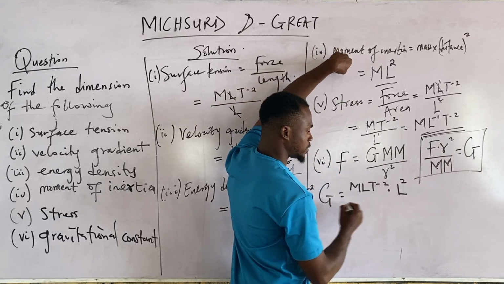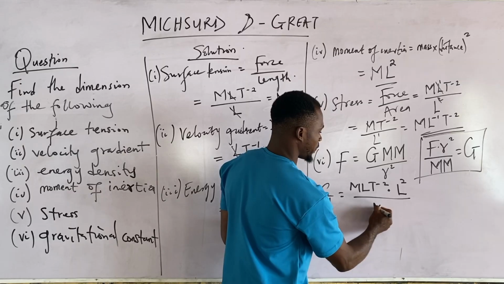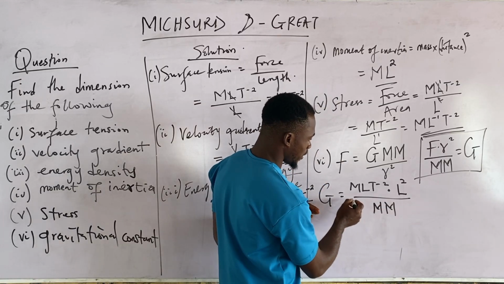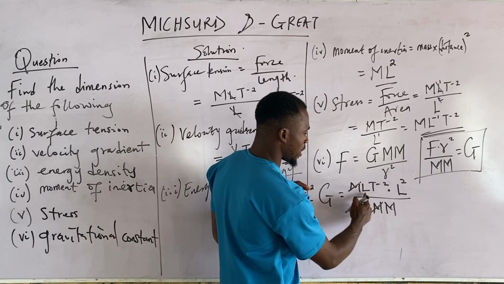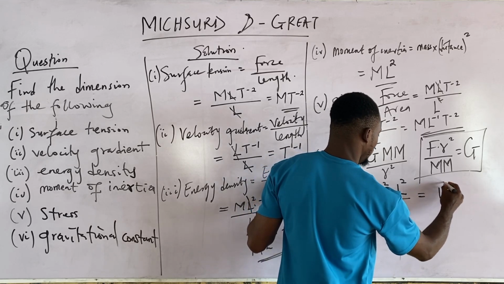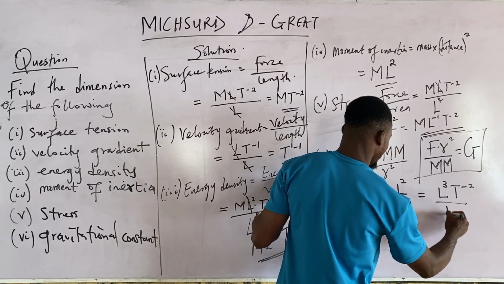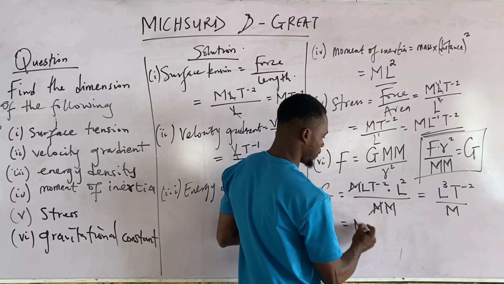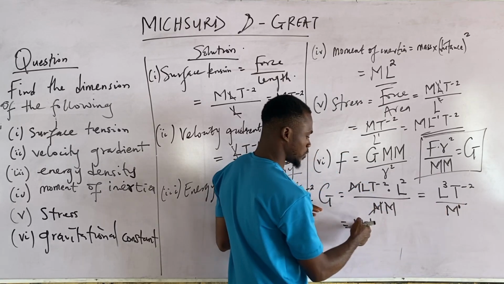Then divide by the dimension for the masses, we have M, and the other one we also have M. Here you can see that M can cancel one of these M, so we'll have L times L, so we have L^3, then T^-2 over M. Now we want to bring M up so that we have M^-1, so the positive changes to negative.